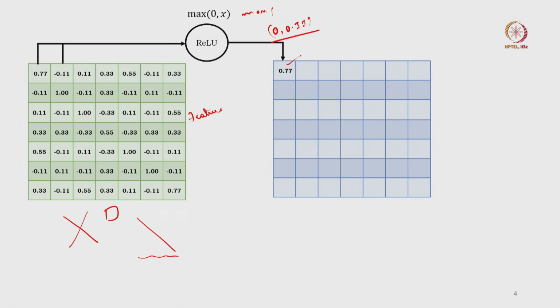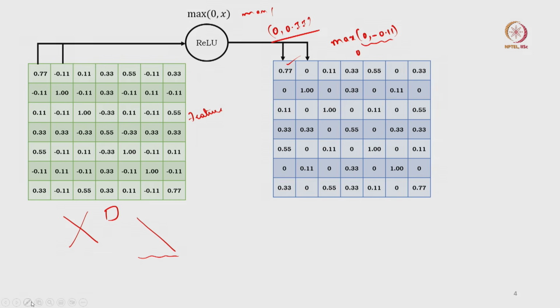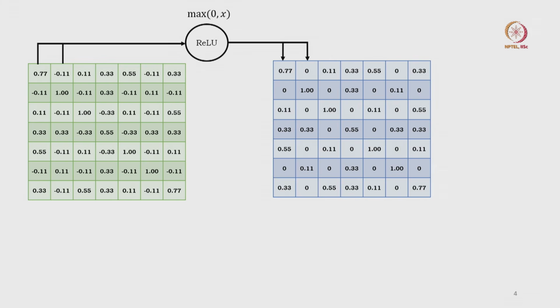Then it will take the next value, max of 0 and minus 0.11. The maximum between these two is 0. So we get 0, and so on. When the entire feature map is passed to a ReLU activation function, this is the output of ReLU.